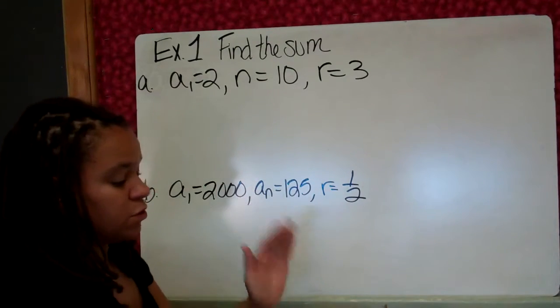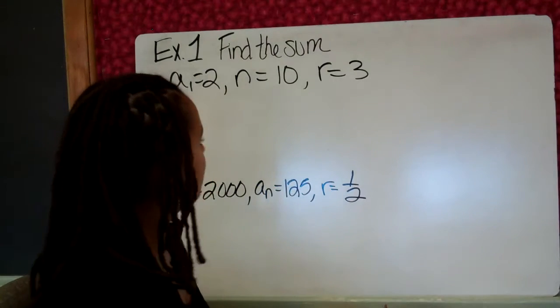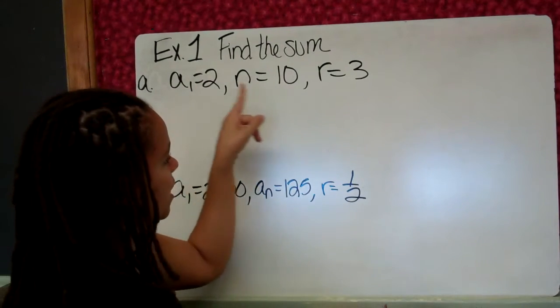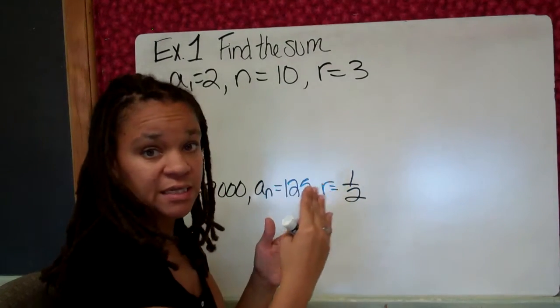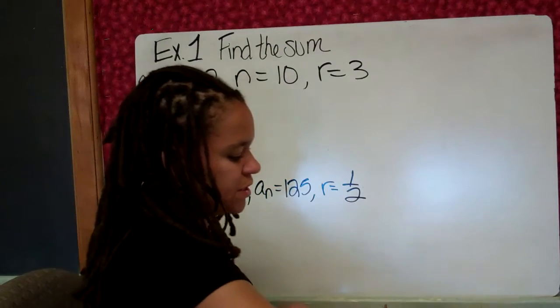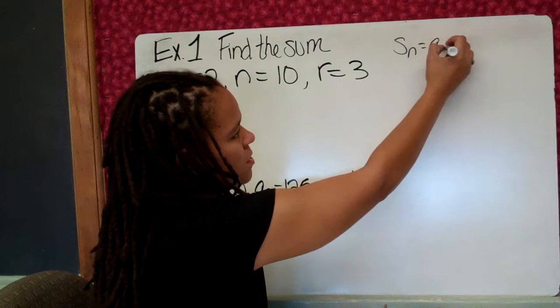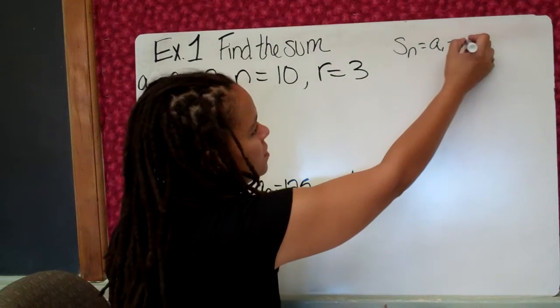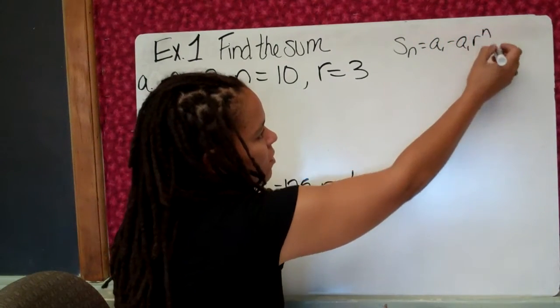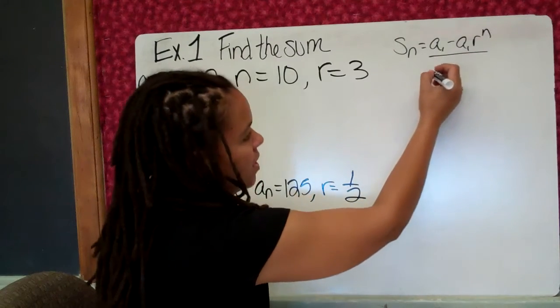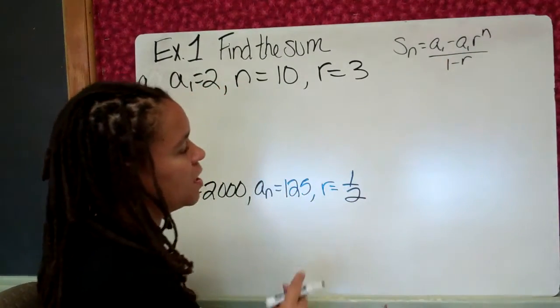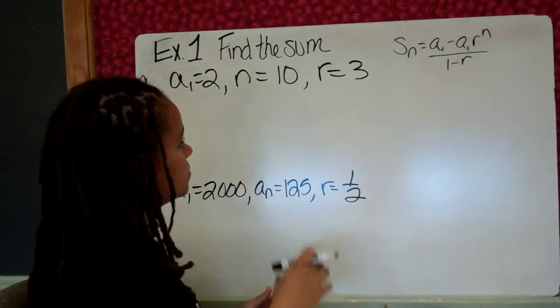If you look at your formulas from before, you were given A1 in this one, and you're given N. So we're going to use that top formula: S sub N is equal to A1 minus A1 times R to the power of N, all divided by 1 minus R. So let's plug everything in.